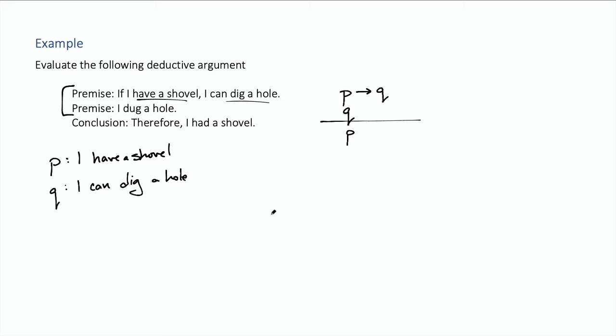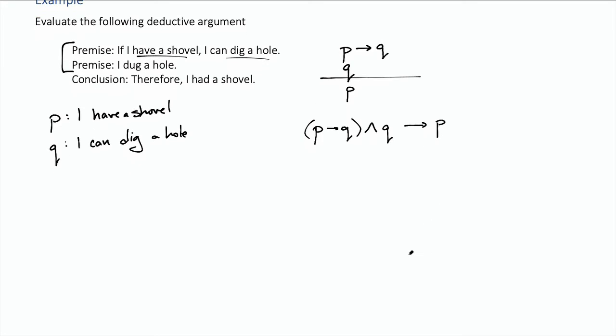So we want to create a truth table for the set of premises, P implies Q and Q, that implies P. Okay, and if this in our truth table is always true, then our argument is valid. So we need to create this. We're going to start off with P and Q, and then we build this statement.